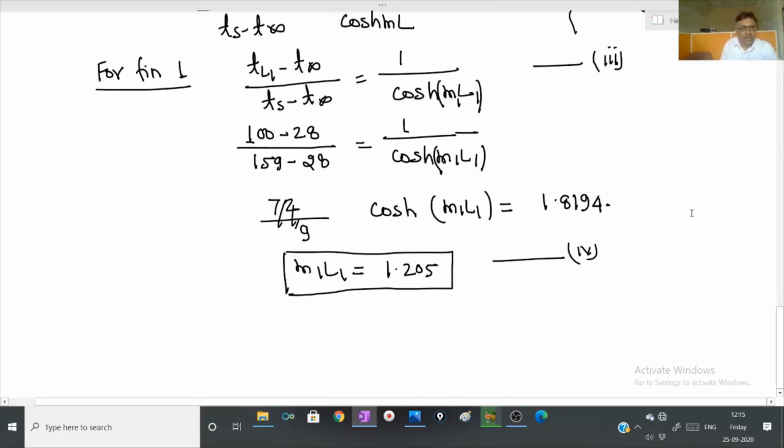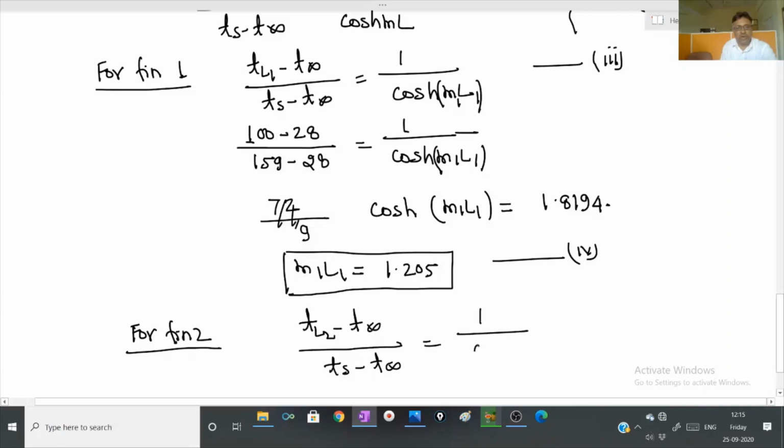Similarly for fin 2, (T_L2 − T∞)/(Ts − T∞) = 1/cosh(m2 L2).